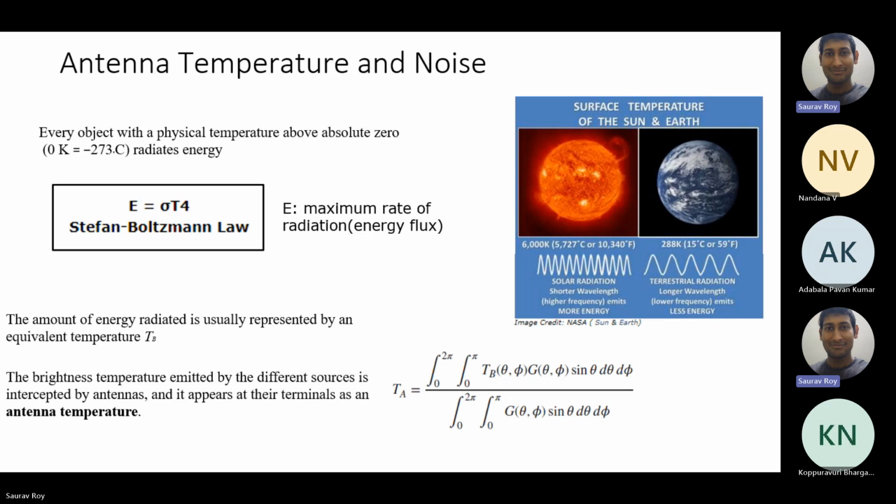That's why you see the wavelength shown here. Because in the sun the energy is very high, it will have a very high frequency radiation. That's why the wavelength is shorter. And because of the lower temperature of earth, the radiation is obviously lower energy, meaning lower frequency, right? That will give rise to higher wavelength.